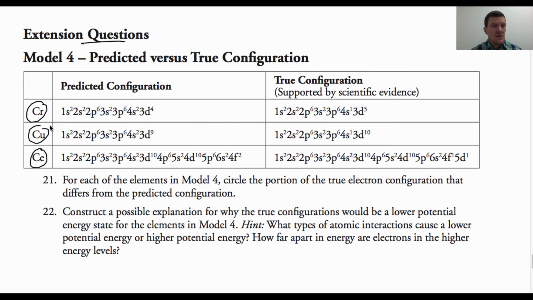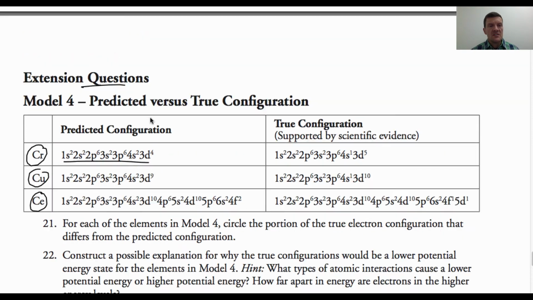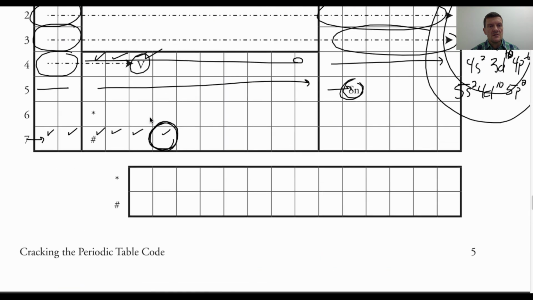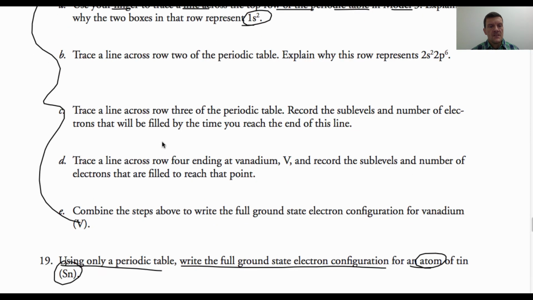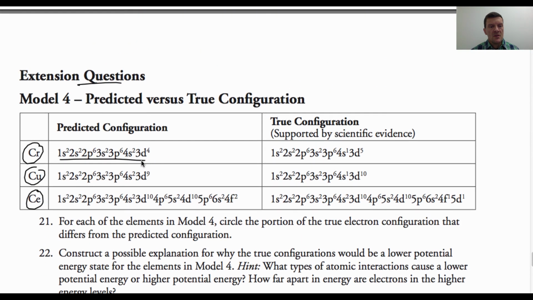So chromium, we would expect it to have an electron configuration ending in 4s2 3d4. Okay? Because it is located right here. 3d4, 1, 2, 3, 4. Okay, so we would expect that chromium would have 4s2 3d4.